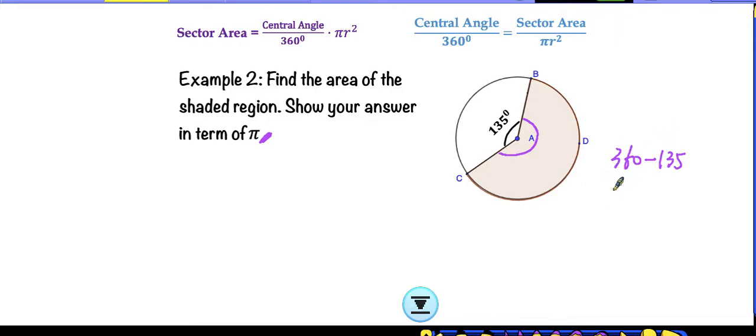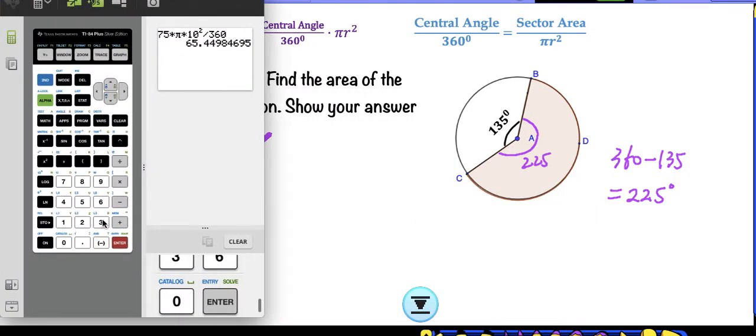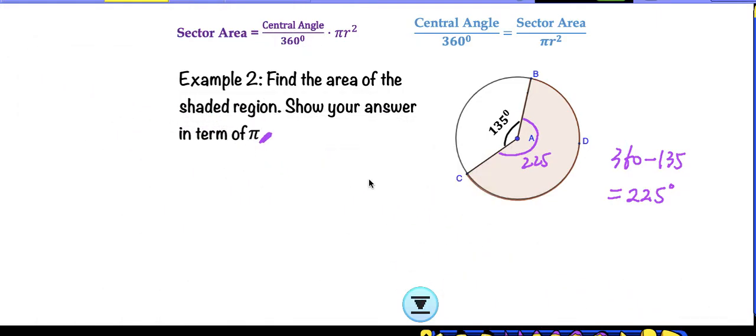So this answer will be 225 degrees. So we know this part is 225. If you worry you can make a mistake, you can always use a calculator to check your answer.